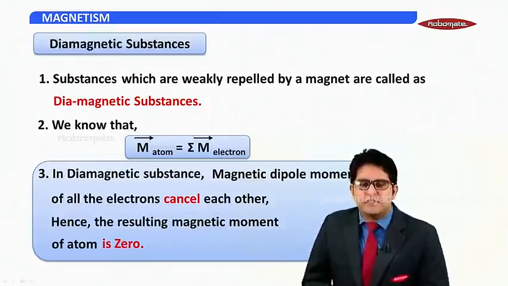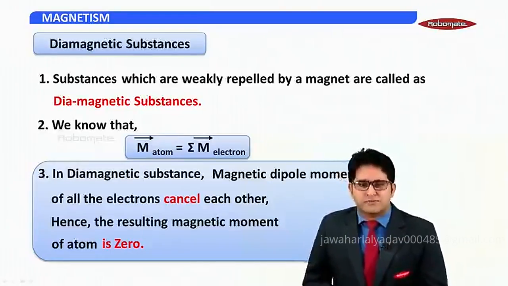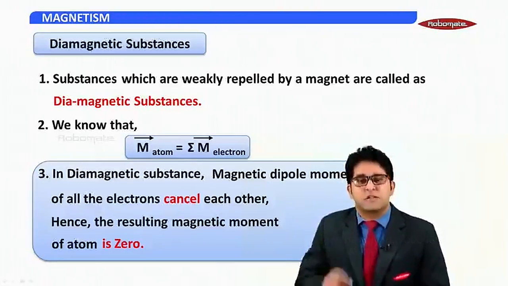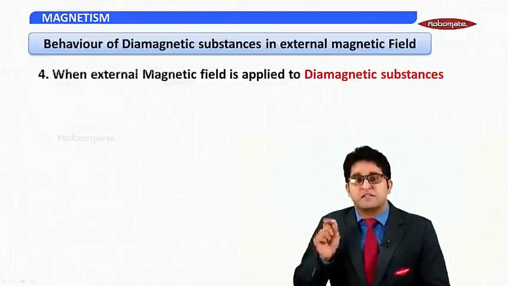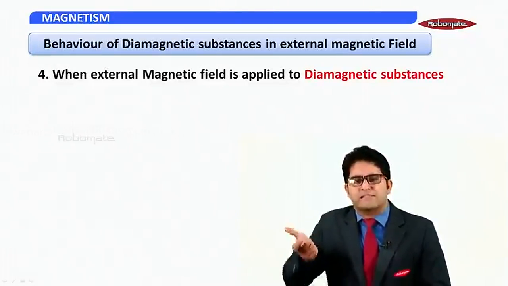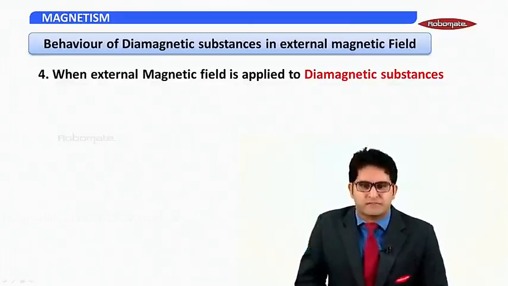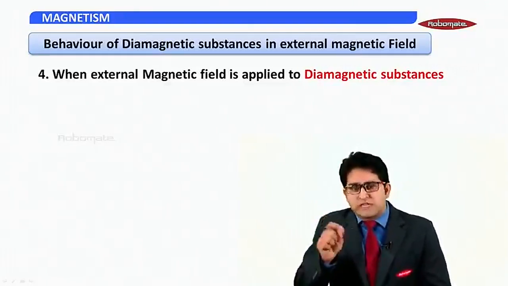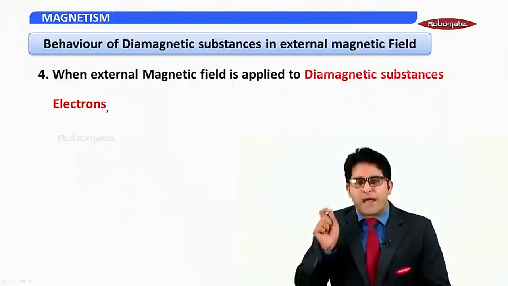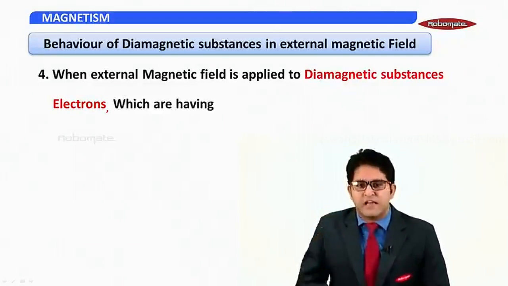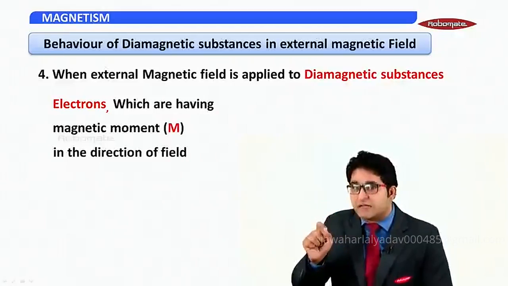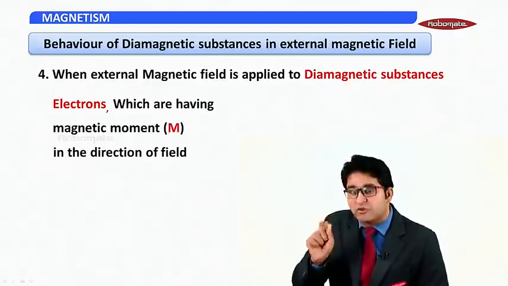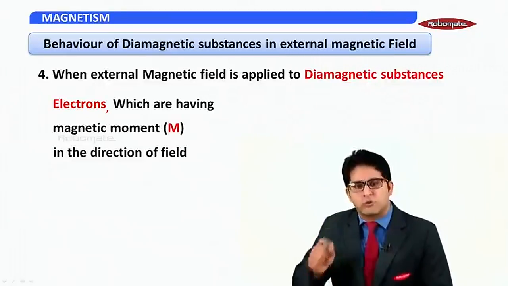Now let us see the behavior of diamagnetic substance when it is placed in external magnetic field. Whenever a diamagnetic substance is placed in external magnetic field, or external field is applied to diamagnetic substance, what happens? Those electrons which are having magnetic moment m in the direction of field, these electrons will slow down.